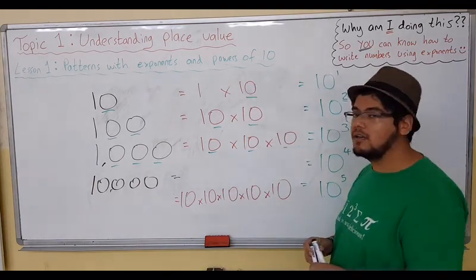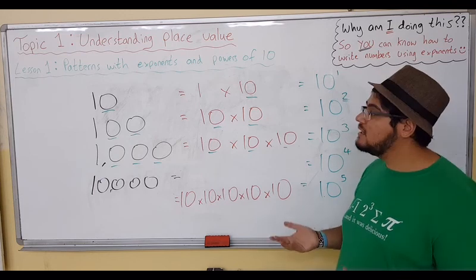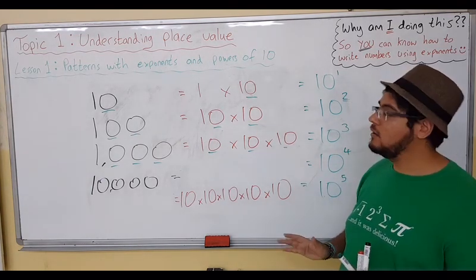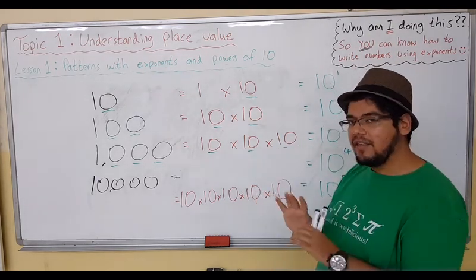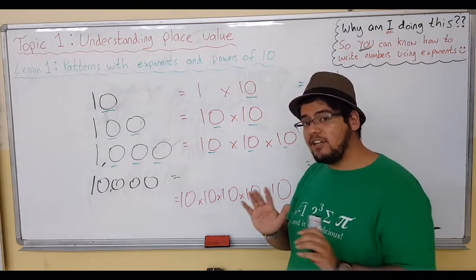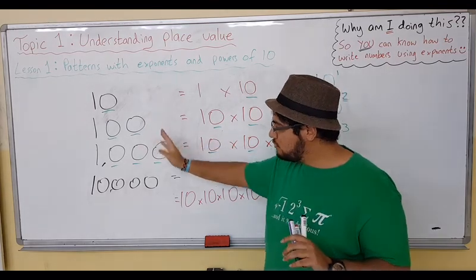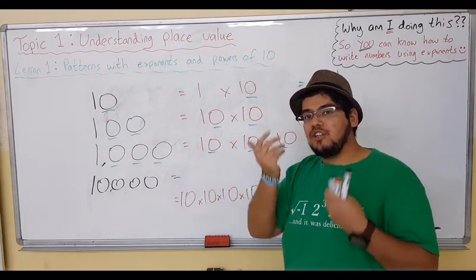So, this is pretty much it for today's lesson, guys. There's not much more to it. We're just looking at the pattern, using the exponents and powers of 10. So now, whenever you see a standalone 10, 100,000, 10,000, and so on, try and visualize.